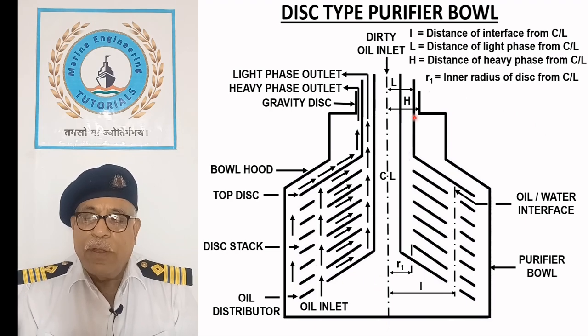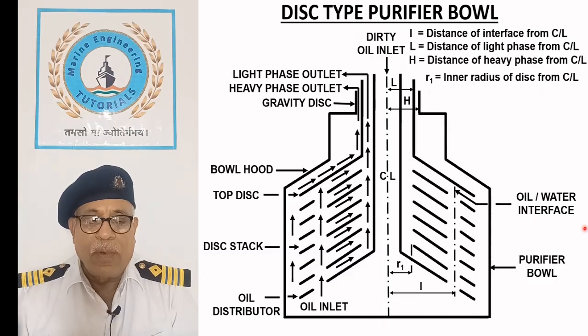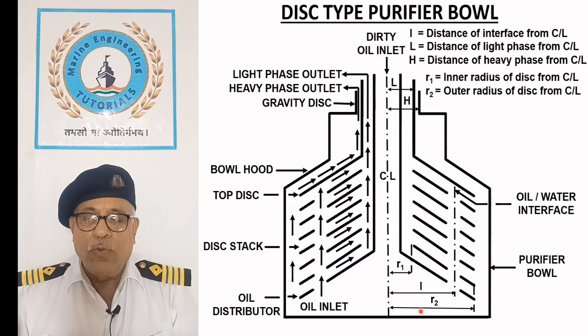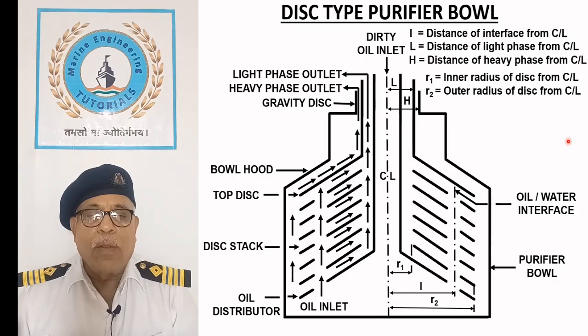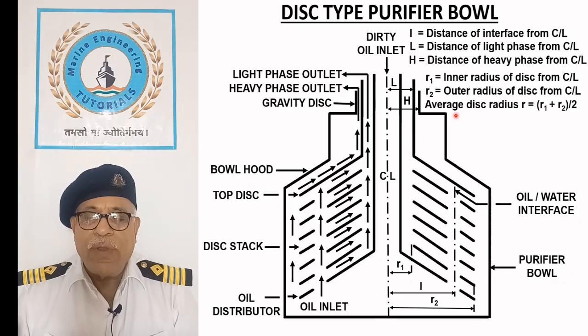R1 is the inner radius of disk from the center line. R2 is the outer radius of the disk from center line. Average disk radius R is equal to (R1 plus R2) divided by 2.